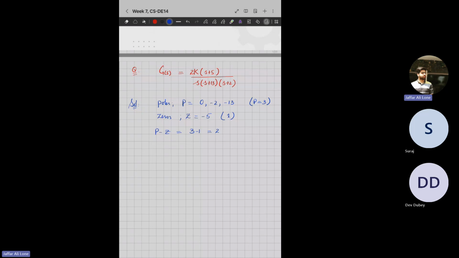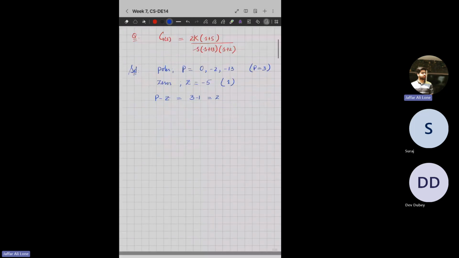Now let's try to plot this on the s plane. We have 3 poles. One is at 0, another one is at -2, and another one is at -13.